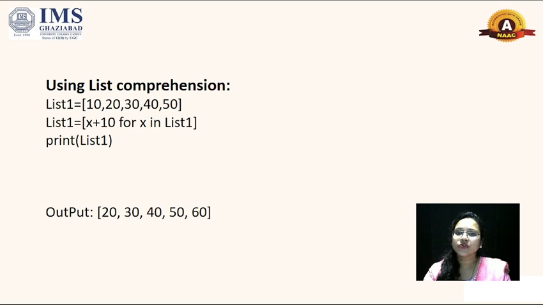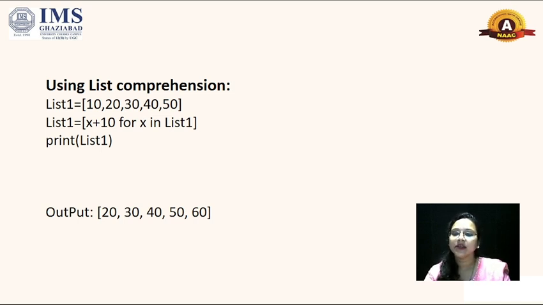So using list comprehension, you only have to write a variable name equal to x + 10 for x in list1. Here x + 10 is the rule you want to apply, whether you want to add, subtract or multiply, whatever you want to apply on the existing list.